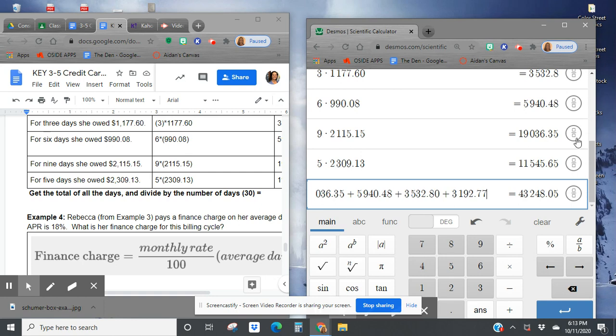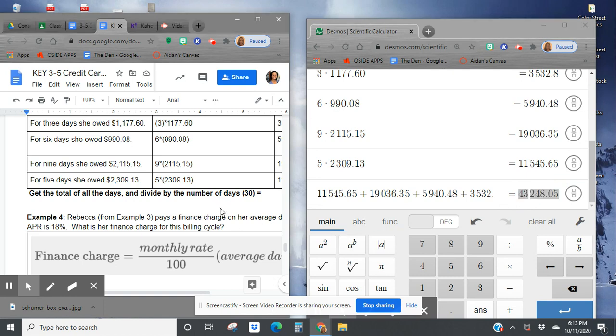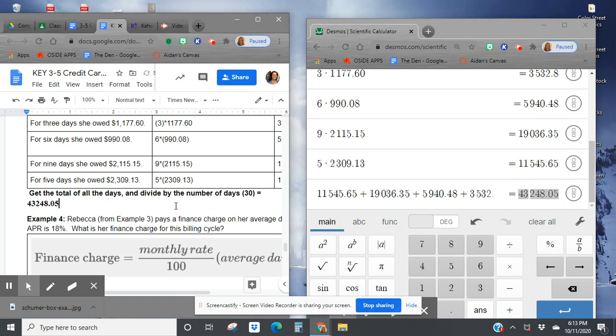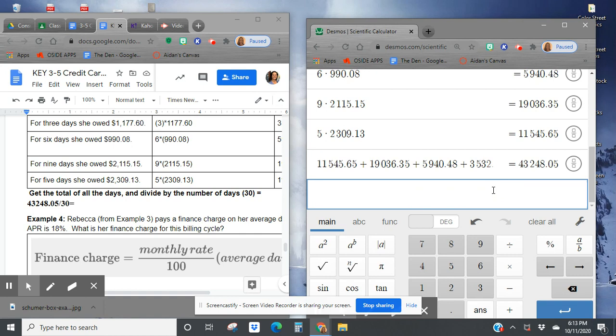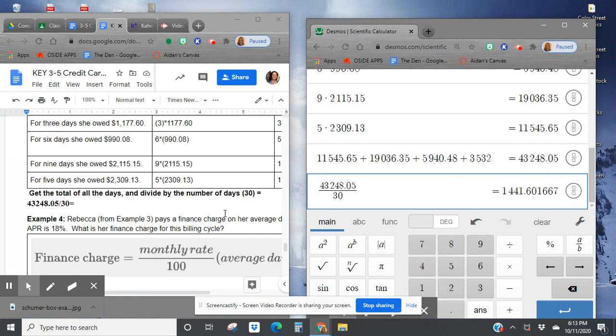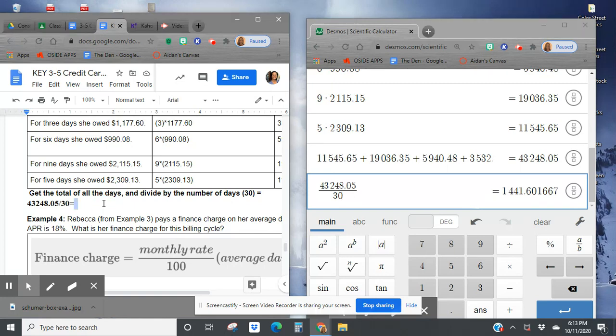So we're getting a total of 43,248.05 divided by 30 days in her billing cycle. So 43,248.05 divided by 30, and we get $1441.60.